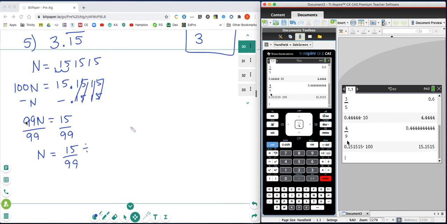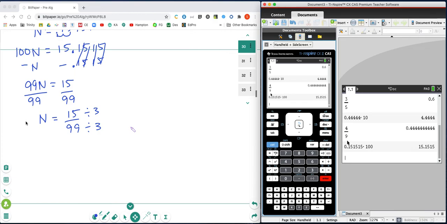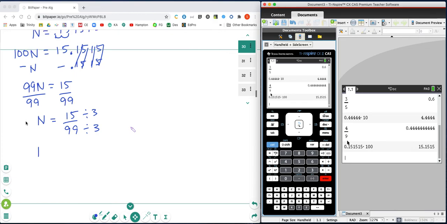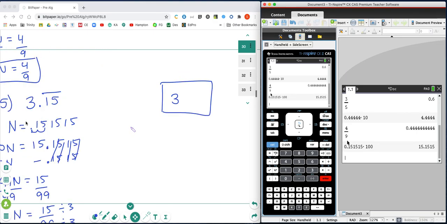Now I know I can reduce both of those by 3, which is going to give me n is equal to 5/33. So I'm going to come back up here, and my answer is going to be 3 and 5/33.